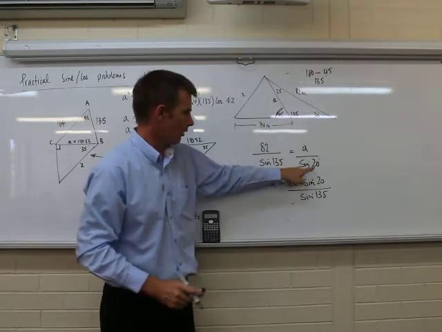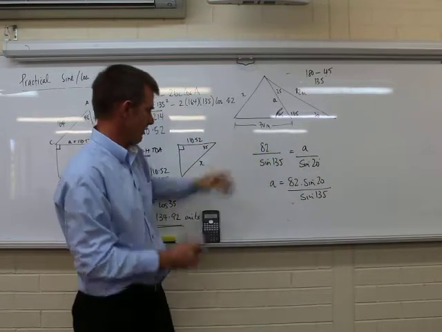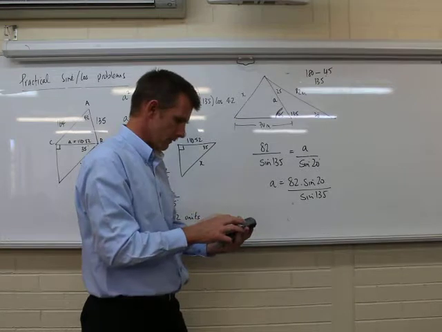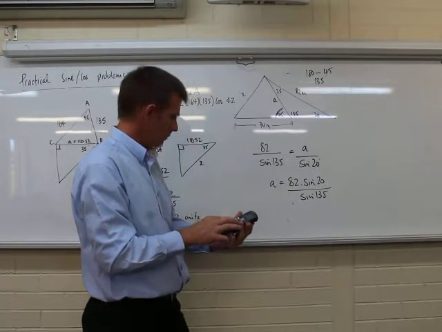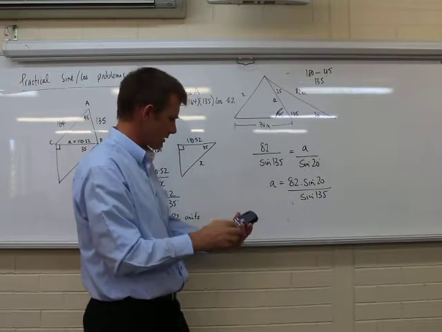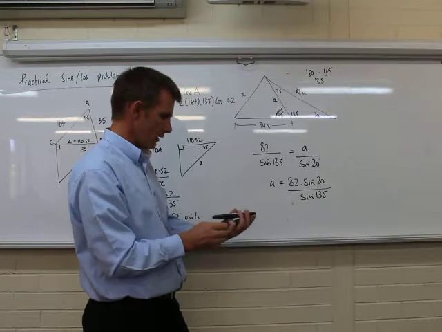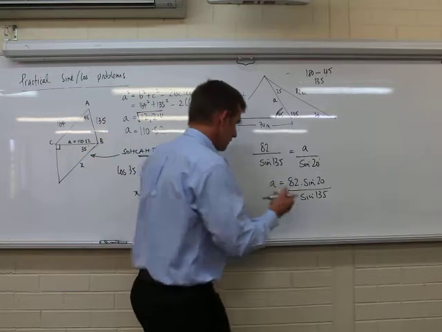How did I do it? I'm multiplying this side by sine of 20, that cancels, and I've got to do the same over here. Let's get an answer for that one. 82 multiplied by the sine of 20, I'll press equals just to make sure it does that, divided by the sine of 135, I get 39.66.